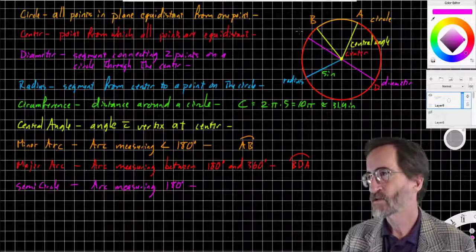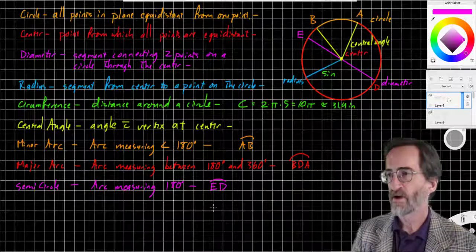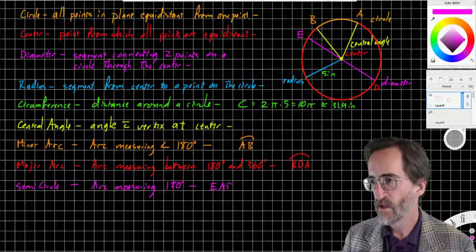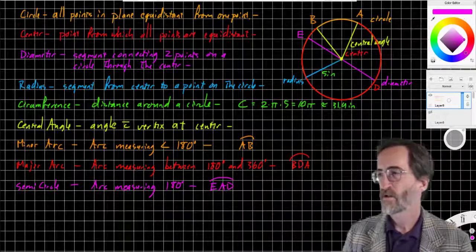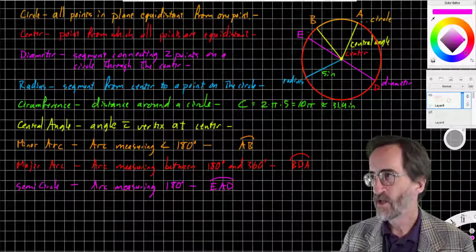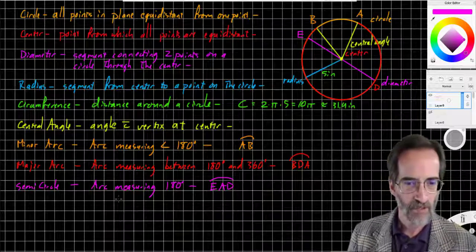Let's call this E. And arc ED is a semicircle. Now we want to be specific, so I'm going to say arc EAD. Because if I go through E, A, and D, that's a half circle or a semicircle, 180 degrees.